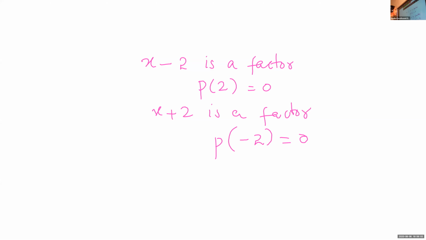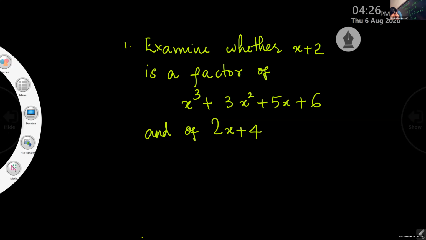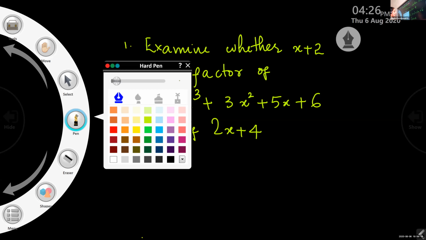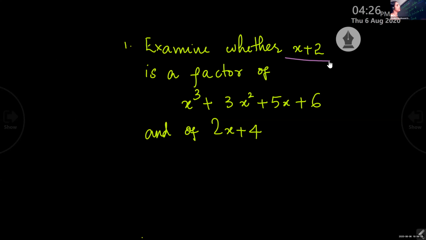So, in this question, you have to identify whether x plus 2 is a factor or not. Which number will you check? -2. X plus 2 is a factor means P of -2, negative 2 you have to check. That is the main difference. If it is plus, you check it as minus 2.